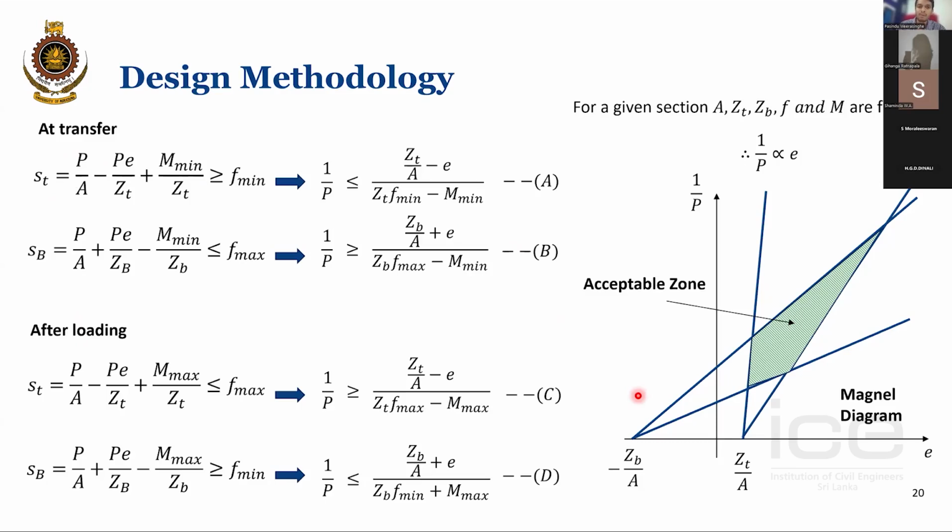So the aim of constructing this Magnel diagram is why? From this, within this acceptable zone, you can select an appropriate 1 over P value. So if you know 1 over P, you can select the P, the pre-stress force. And if you know the eccentricity value, you can know where you can apply the pre-stress force, the e value.